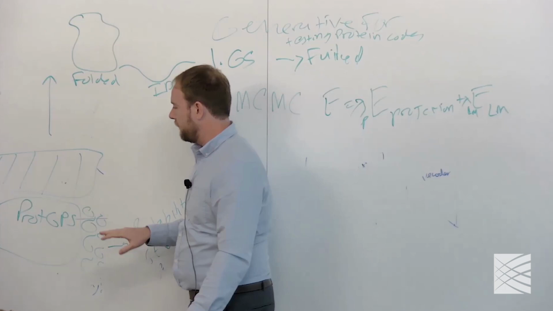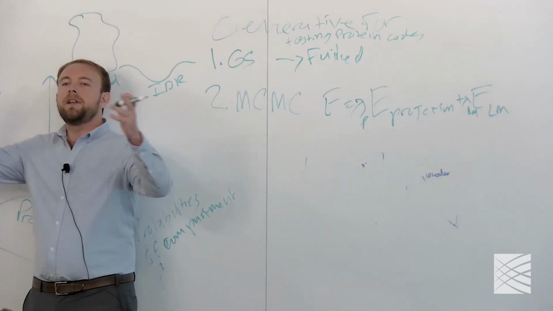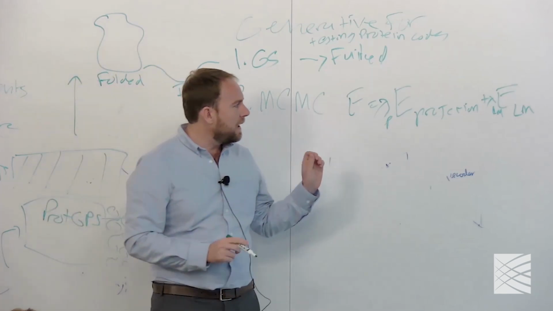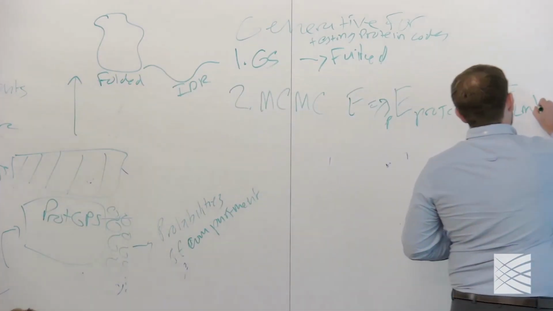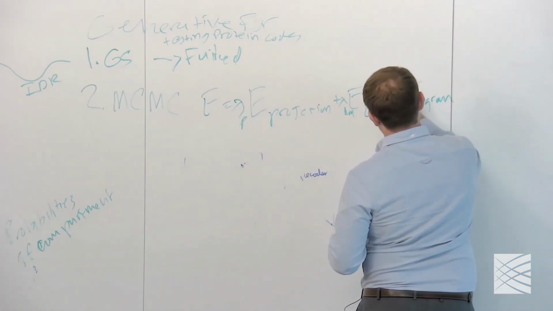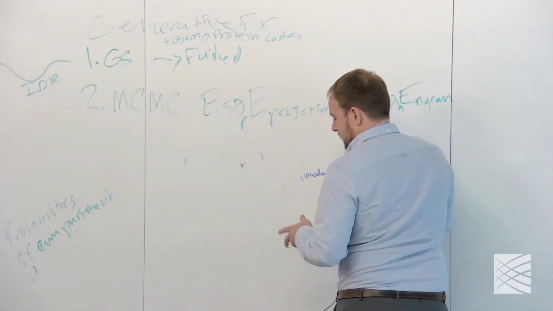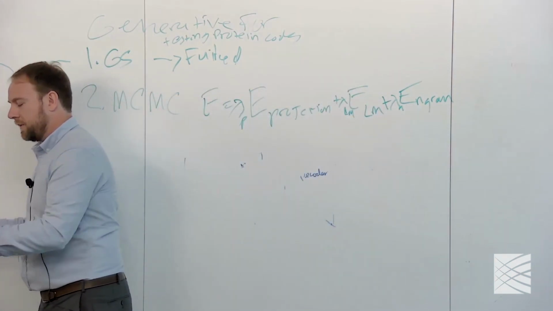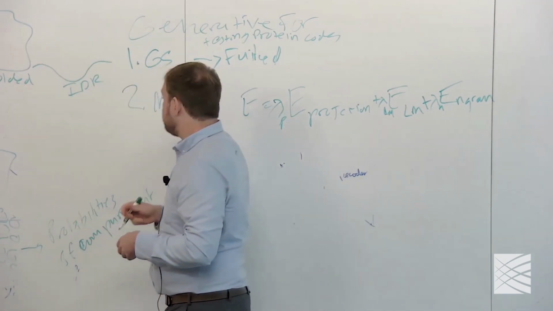ESM2, if you're not familiar, is trained on 60 million protein sequences, so it learns something about that. The other terms in here serve as sort of a prior. This is an n-gram version where we have different small sets of amino acids and ask how our protein sequence that we're sampling matches that.